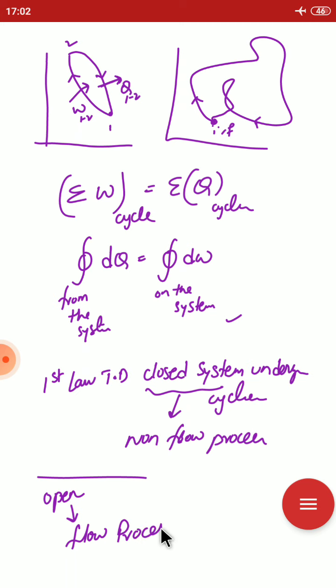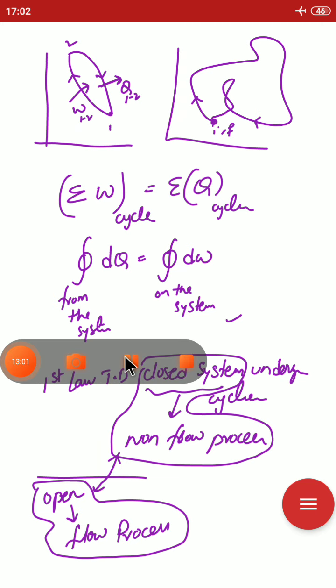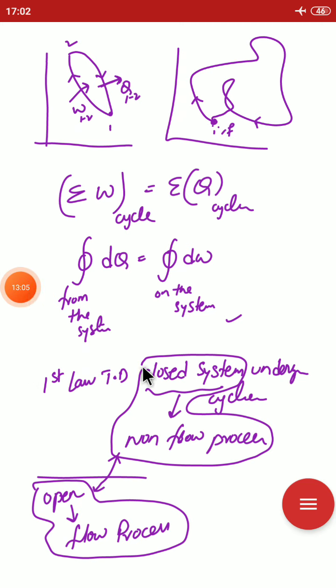In the earlier videos we discussed very deeply the difference between the open system and closed system, so we should not get any confusion.